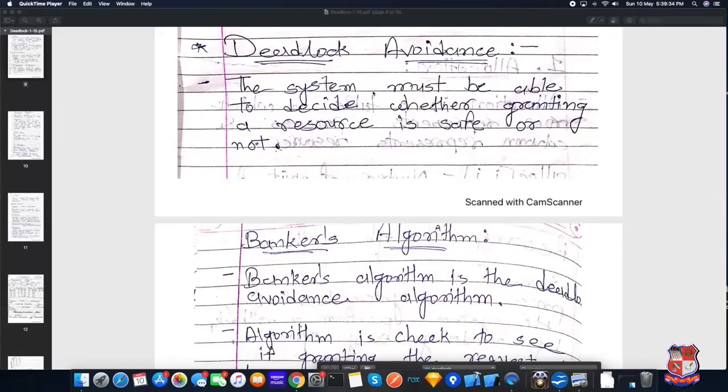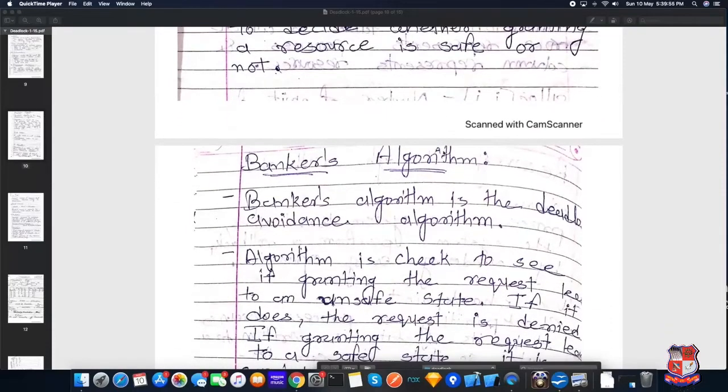The next concept is deadlock avoidance. We can avoid deadlock by finding the safe state or unsafe state using the banker's algorithm. In deadlock avoidance, the system must be able to decide whether granting a resource is safe or unsafe. Based on the banker's algorithm, we can find out the safe state and unsafe state.